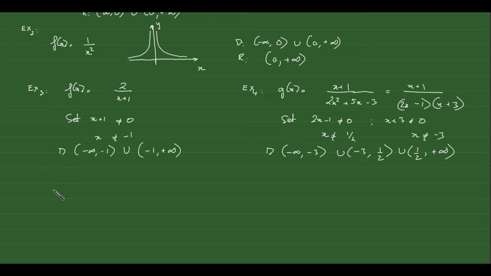Of course, there are more different types of rational functions. For example, I can have something like this: x squared plus 1 on the top, and on the bottom I have x minus 2. It could be something like that. You see that the degree of the top here is bigger than the degree of the bottom.